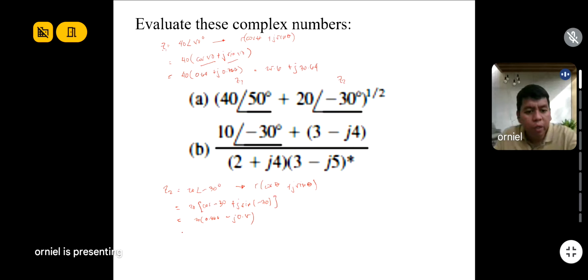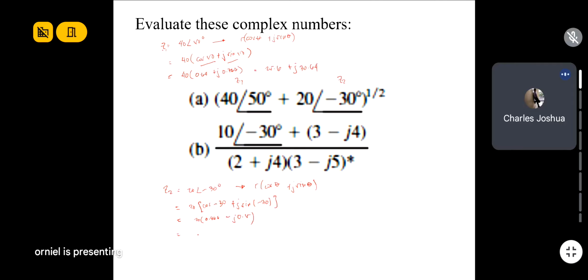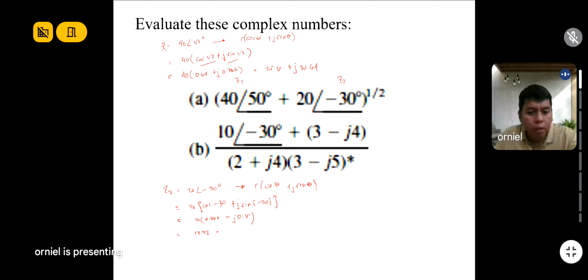Now multiply this by 20 times 0.866, that is 17.32. And for the imaginary part, j10, correct? Yes, sir.